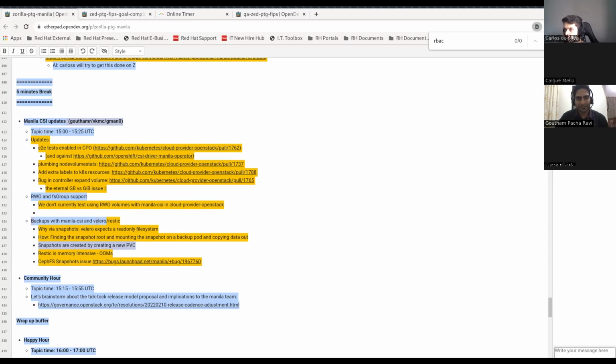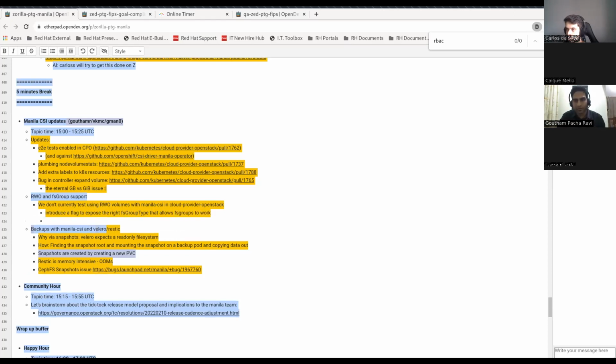Yeah, it would be perhaps good to have some sort of flag under which the permissions could be checked, because if an administrator by accident would choose the wrong volume access mode, instead of read write many, they would use read write once, and they wouldn't deploy the external attacher.